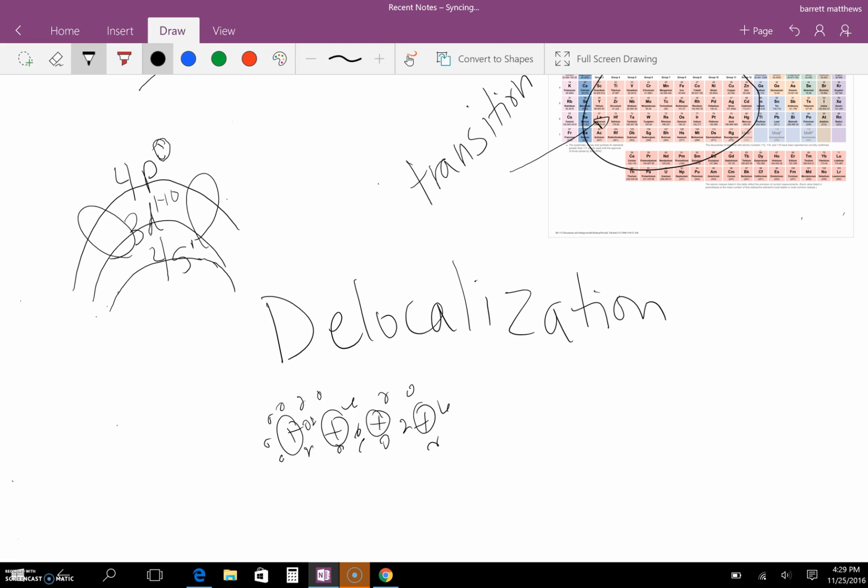And you can see it's almost like a sea here. It's almost like the positives are floating around, and that is called a sea of electrons. So the delocalization of the electrons is known as the sea of electrons concept.